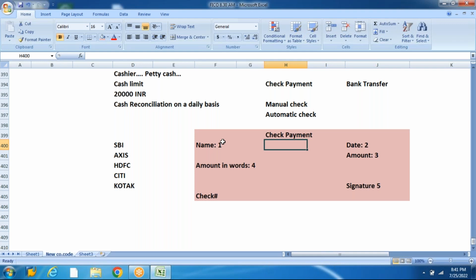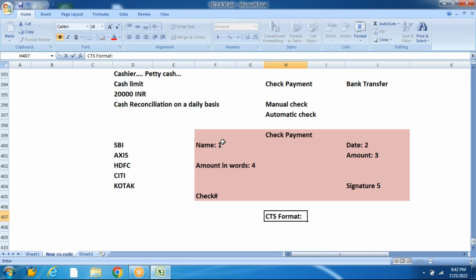Anybody who has worked on it? Okay, that is CTS. Basically your CTS format.